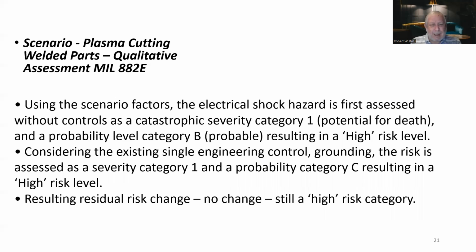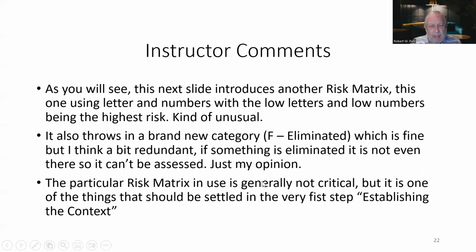Considering the existing single engineering control, grounding, the risk is assessed as a severity category 1 and a probability category C. So in other words, the 1B is without any controls, and the 1C is with grounding as a control. So the resulting residual risk is no change, still a high risk category.